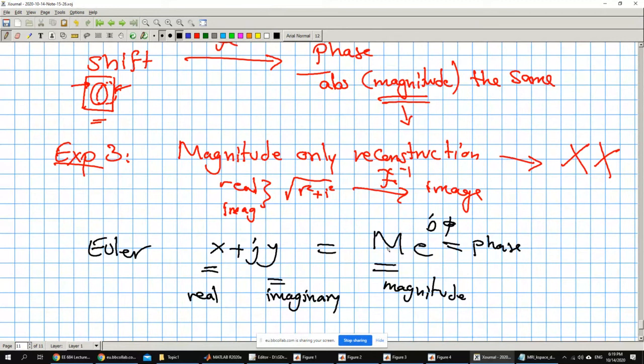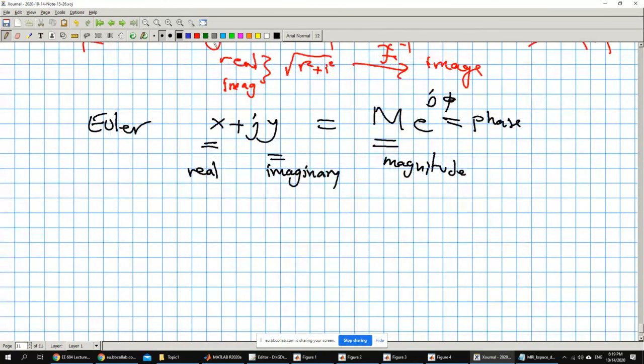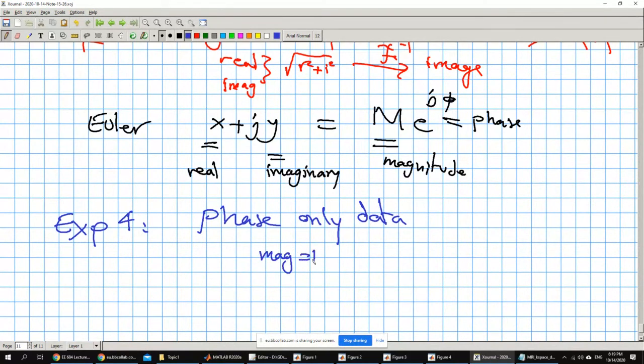So this is experiment number 4: phase only data. I'm going to assume that magnitude is 1 for all points in k-space.